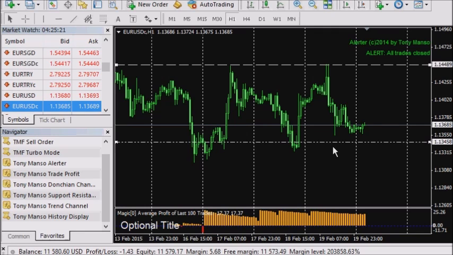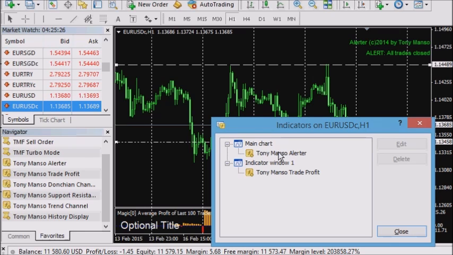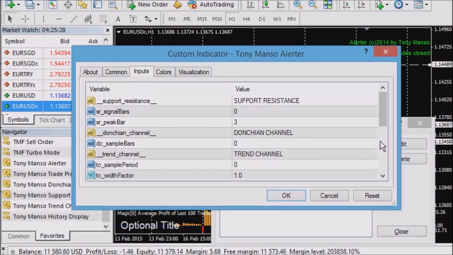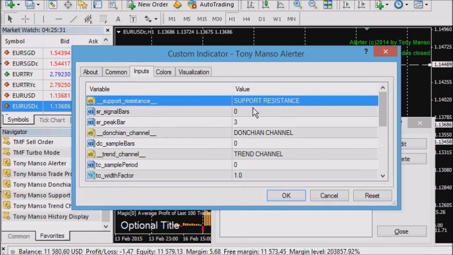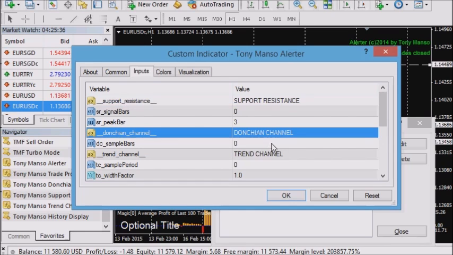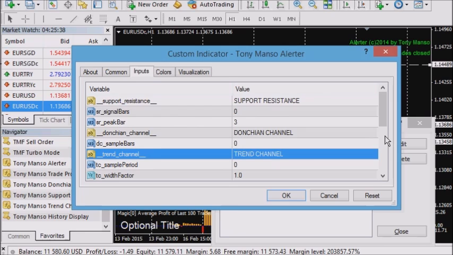Likewise, let's go into the indicator and the alerter. Like I said, you can do alerts on support resistance, and you can do alerts on the Donchian and the trend channel.